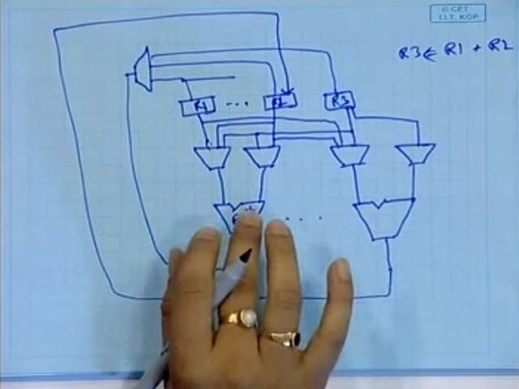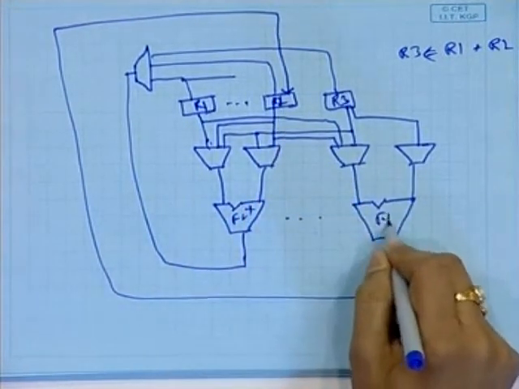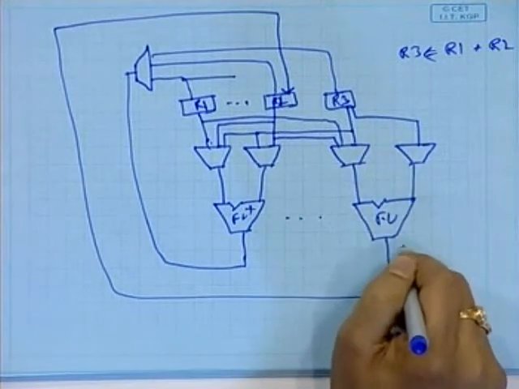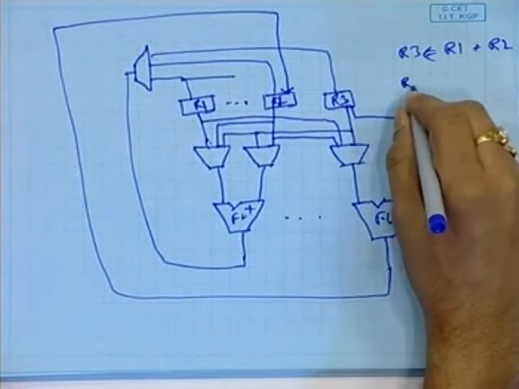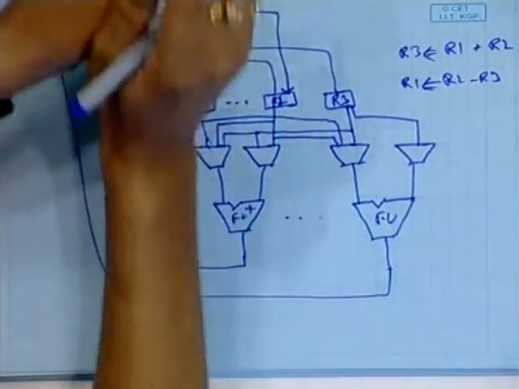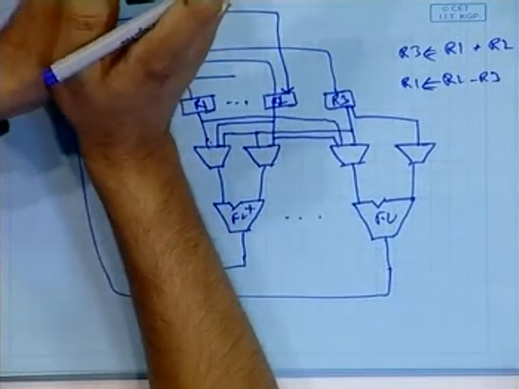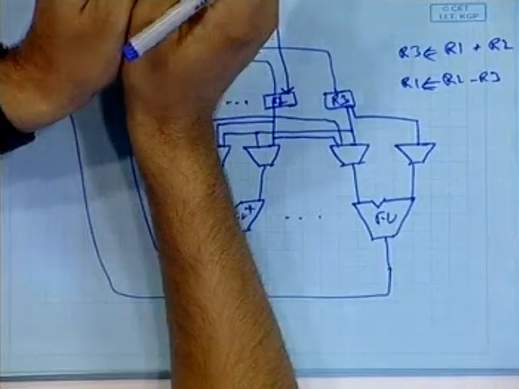In the next clock, suppose you decide this function unit will perform R2 minus R3 and store it in R1, so R1 equals R2 minus R3, like this. So essentially first you decide what operation will be executed in each clock cycle. This is the first step.